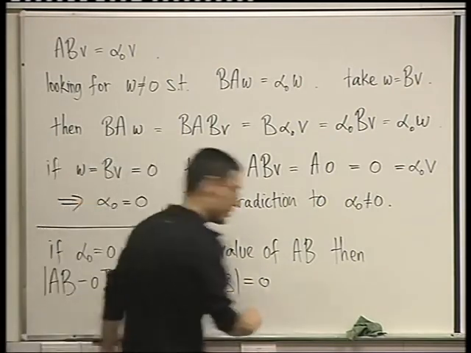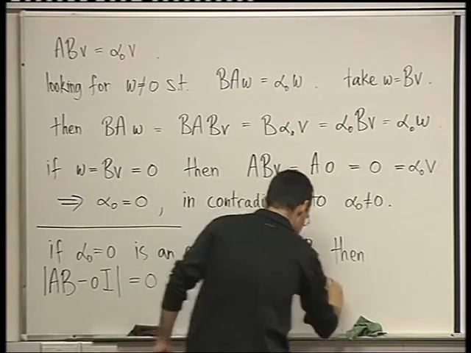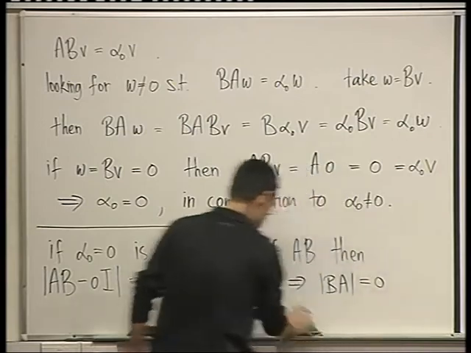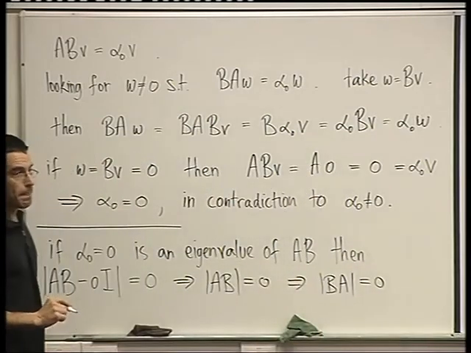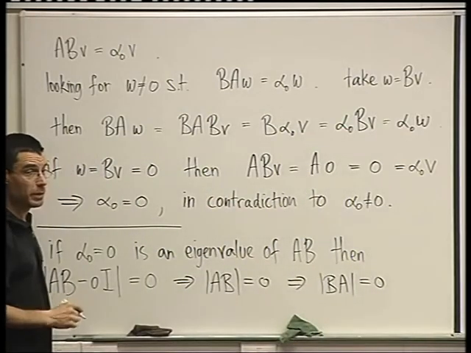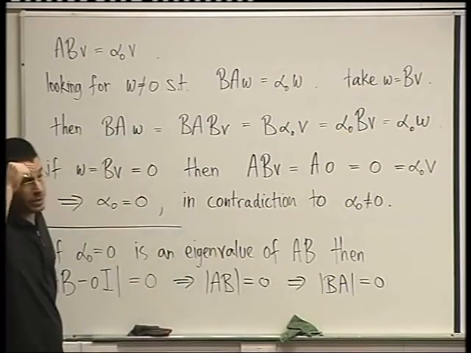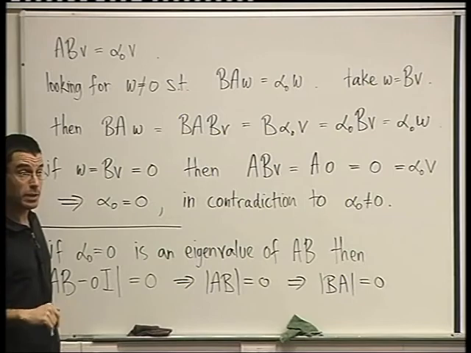Therefore, the determinant of BA is 0, right? Because the determinant is the determinant of A times the determinant of B, and then they're numbers and we can commute them.